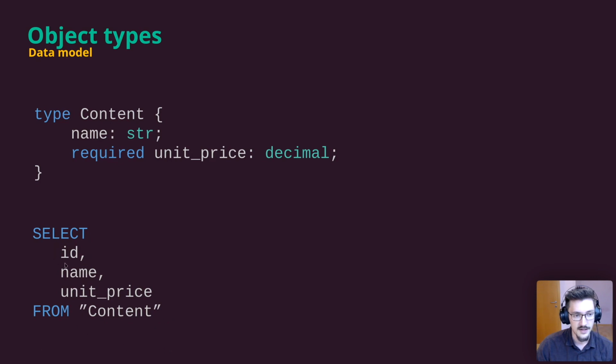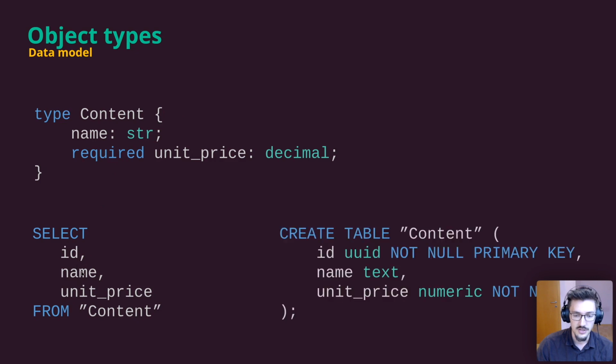Content does not specify ID, but it inherits ID from the base object type. So you can also use the ID because it's inherited from the parent. And you can imagine that we created the database using this DDL command, just saying id is uuid, not null, primary key, name is text, and unit price is numeric, not null.